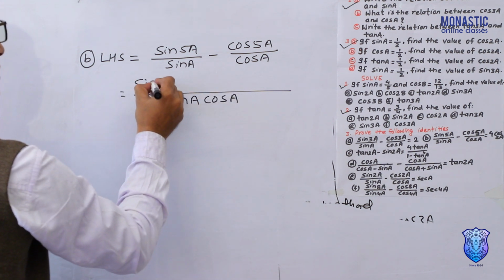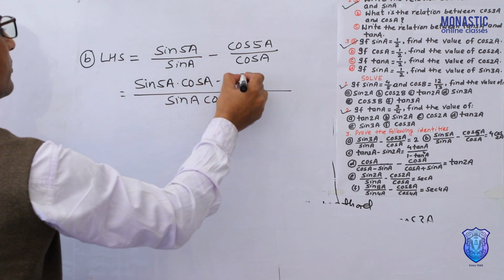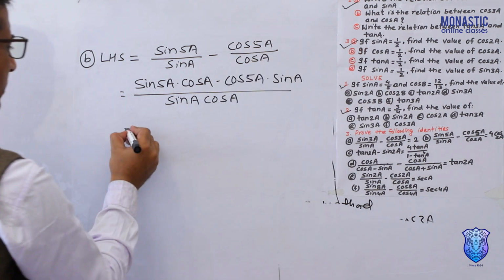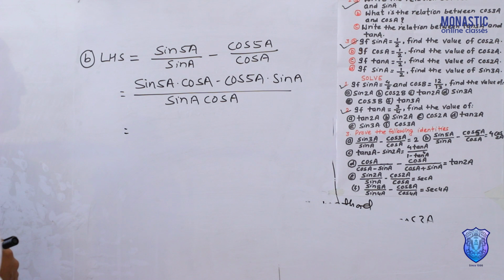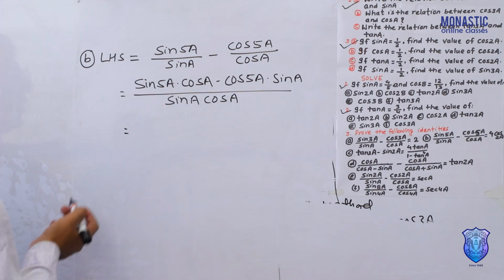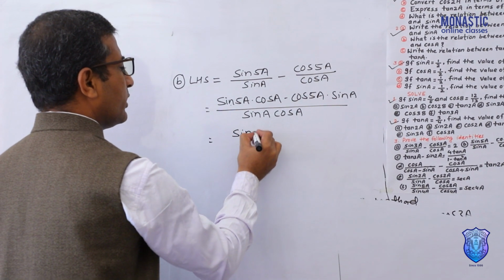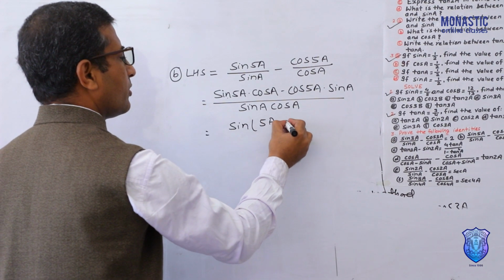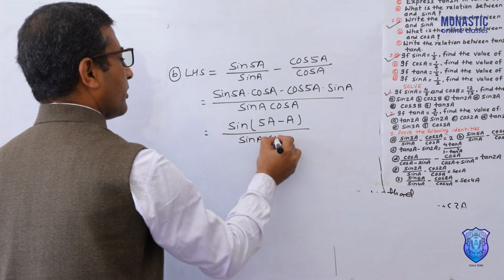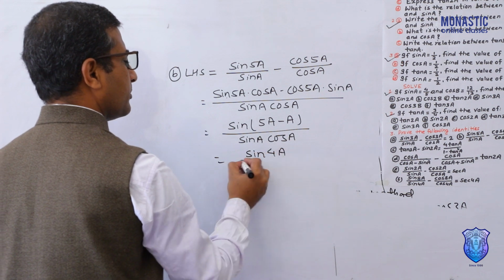It came sine of 5A into cos A minus cos of 5A into sine A. Look at the upper part, that is the numerator. That's in the form of sine of A minus B, sine A cos B minus cos A sine B. So we can write sine of 5A minus A. Do the subtraction. 5A minus A is 4A.